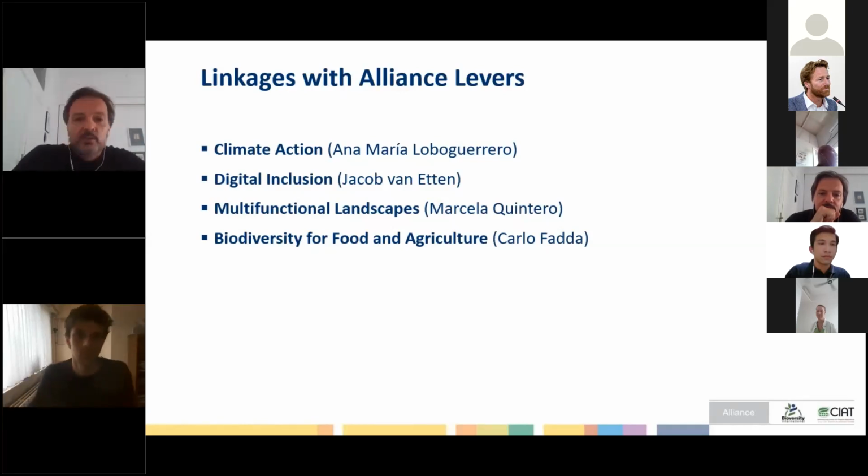In any case, we see lots of important linkages with other levers there. For example, climate action for sure, as we do a lot of climate change modeling, and you will see this in a couple of minutes, but also digital inclusion, and for sure multifunctional landscapes, but there might be others. This is for the moment what we see as very clear and important linkages.